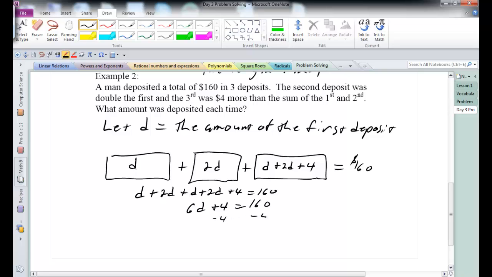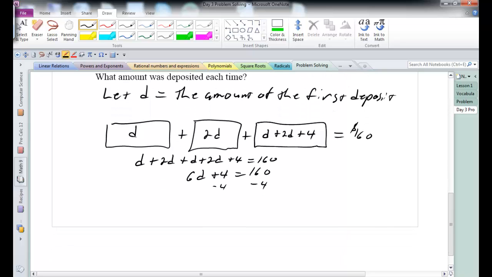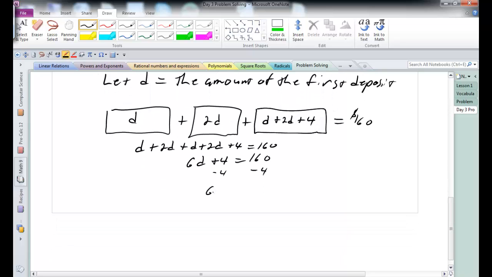I would subtract 4 from both sides. And we're going to get 6D equals 156. Then I divide both sides by 6. And we get D equals 26.